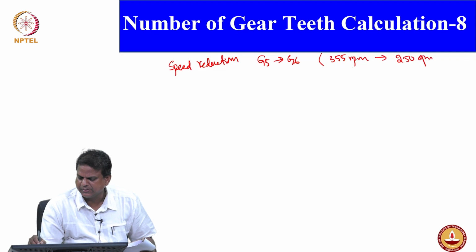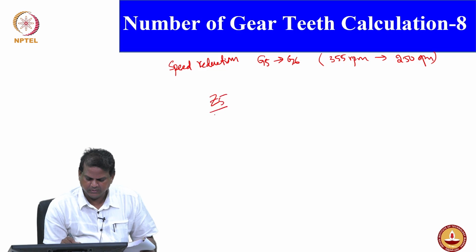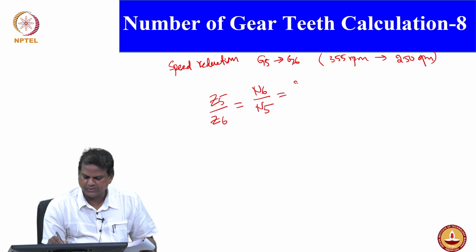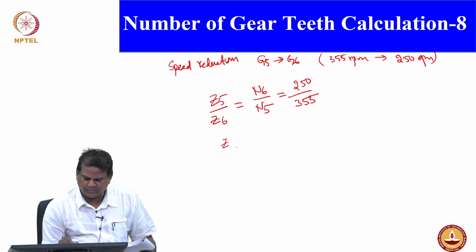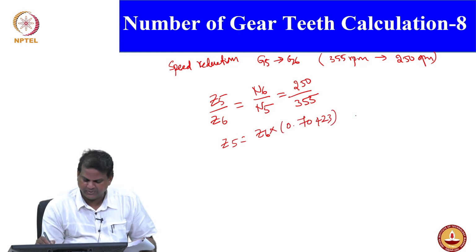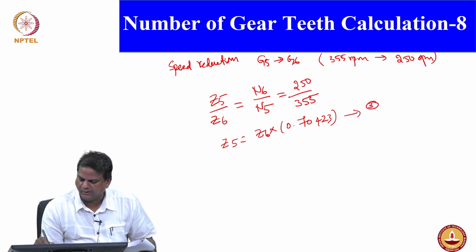Okay, this is already we are able to see that Z5 by Z6 equal to N6 by N5, which is 250 by 355. Okay. So I want to write in terms of, because both are unknown to me, so Z5 equal to Z6 into 0.70423. I am taking it as equation number 3.